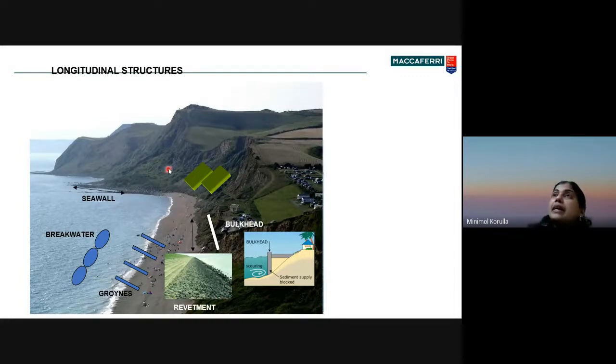The combined types of calamities can happen here. So apart from the regular slope stability forces and the hydraulic forces, here we may have to think about how we can break the water energy.